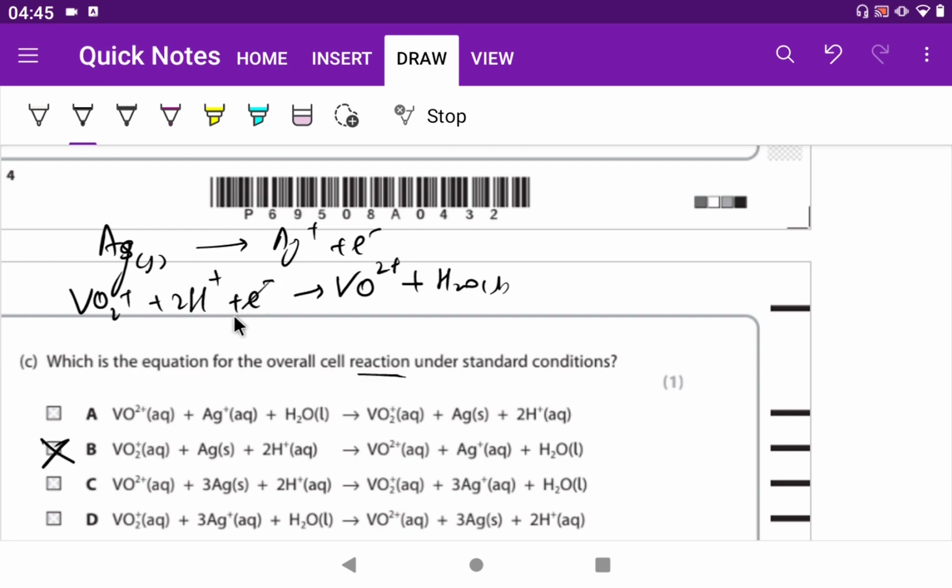When we add these, the electron and this electron cancel out. On the left hand side we will have VO2 plus, 2H plus and Ag solid, and on the right hand side Ag plus aqueous, VO2 plus aqueous and water liquid. So the correct answer is B.